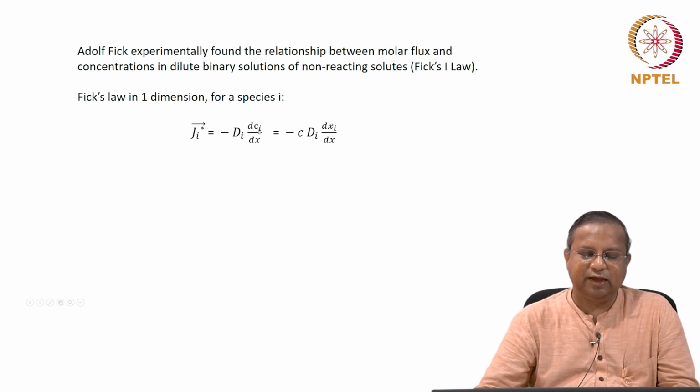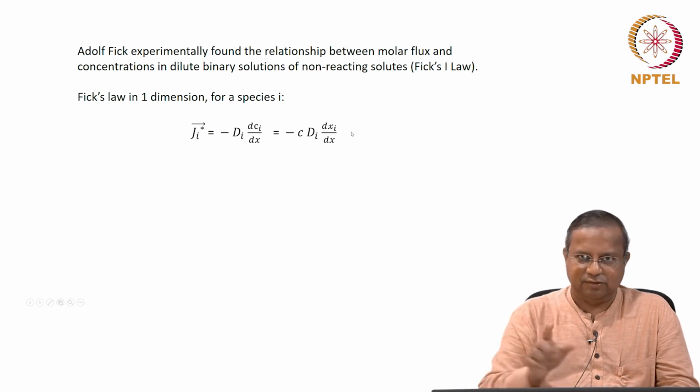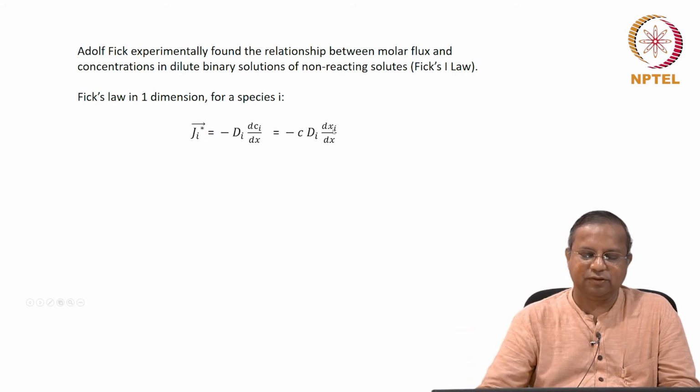If this is Ci, you could write it in terms of the mole fraction, right. So, C times Xi is Ci, where C is a constant, the total concentration of all the species taken together, and therefore, you can bring it out of the derivative. Therefore, you can write this as minus C Di dxi/dx. Note that this is mole fraction, and this is the x dimension. There is a possibility of confusion here, do not worry about it. dxi/dx is the variation with respect to x of the mole fraction.